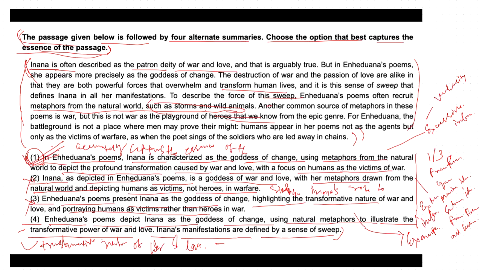Options 2, 3, and 4 either simplify the portrayal of Inanna or lack key details from the passage. So we can draw the answer as option 1. Hope you understood the para summary based question.